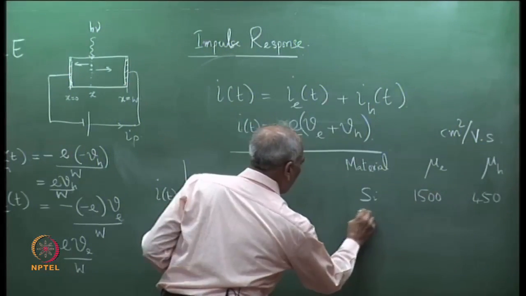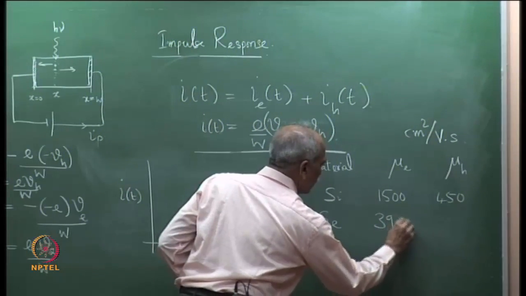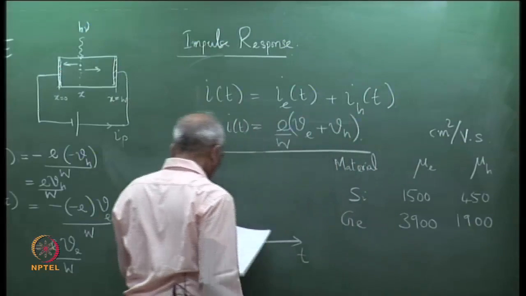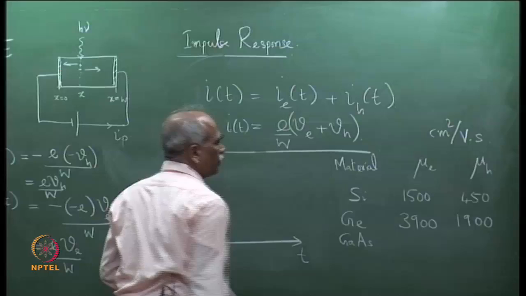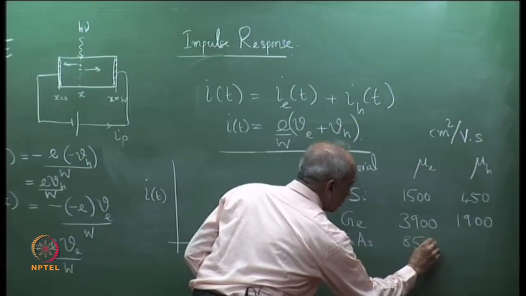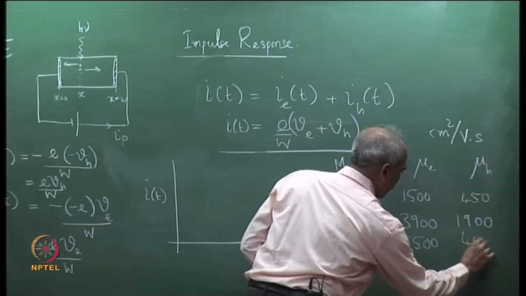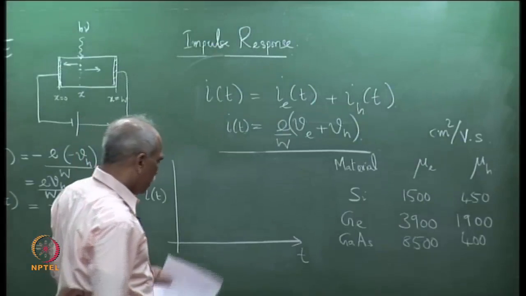If you take germanium, this is 3900 and this is 1900. If you take gallium arsenide, one of the most widely used materials, you can see that this is 8500, whereas this is 400. The mobility of holes is much smaller.